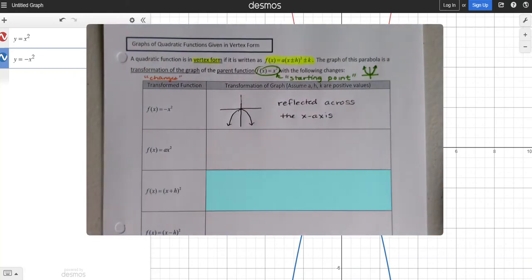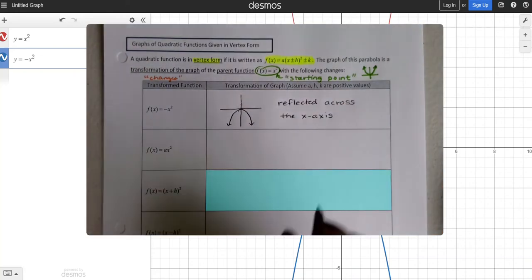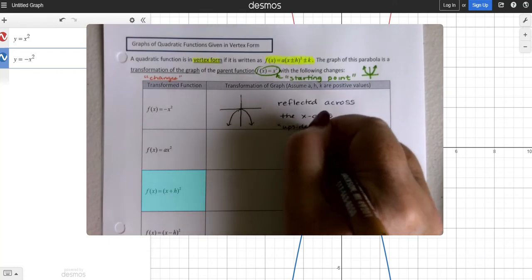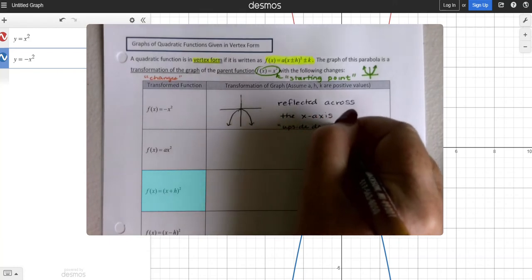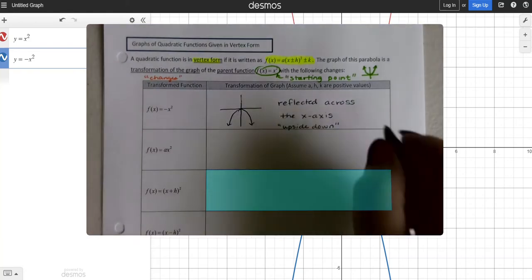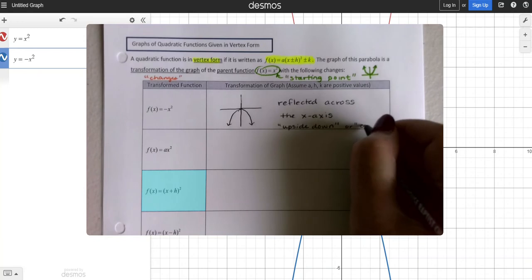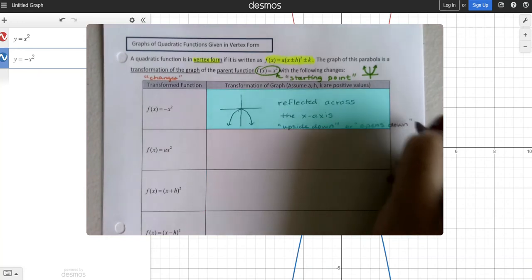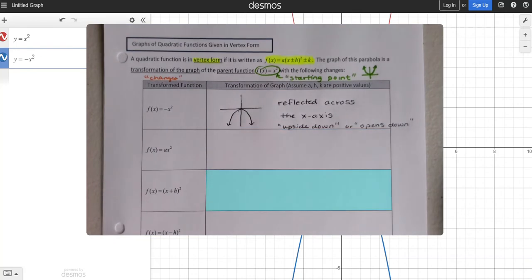That's the very mathematical way to describe it. In your head, you can think upside down, right? Sometimes we say the parabola opens down. You'll hear all of that from different people at different times.